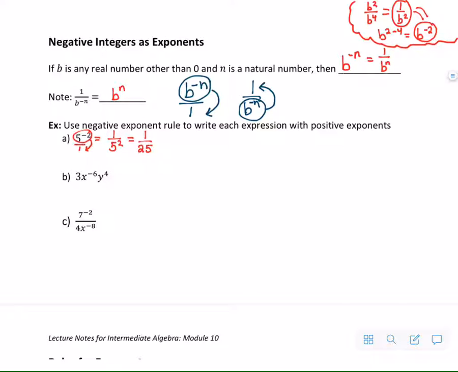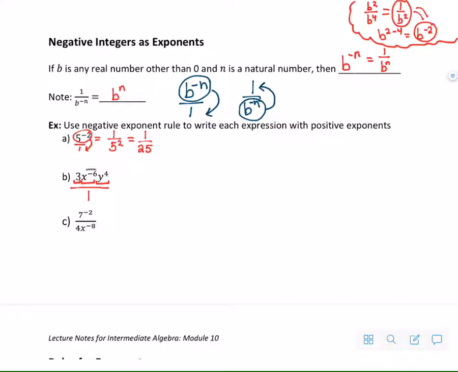Okay. So let's do 3x to the minus 6 y to the fourth. I want to write this expression with only positive exponents. So I have to break it up into all the different factors. Treat 3, x to the minus 6, and y to the fourth each separately. It's all going to be written over 1, and I want to take anything that has a negative exponent and move it to the other end.